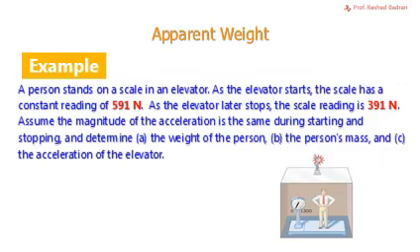This example is all about the difference between the true weight and the apparent weight, and we're going to see that this gentleman is in an elevator with a spring scale where he can weigh himself at each instant of time, while the lift or the elevator is going up, accelerating or decelerating.